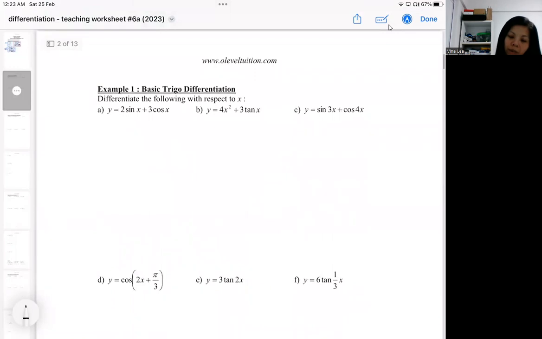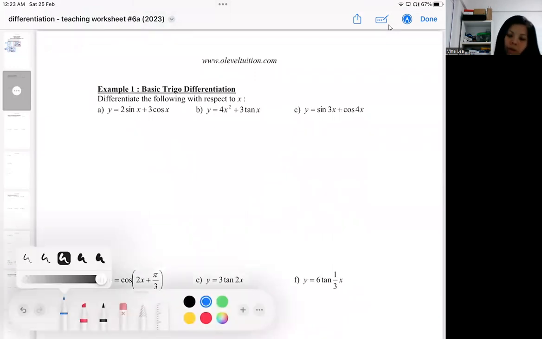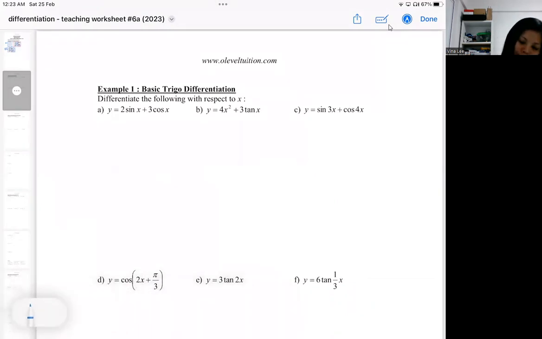I'm going to show you the basic one first. Parts A and B deal with when the angle is x. If you look at 1a, the angle is x. So differentiate sine, it becomes cosine x. Differentiate cosine, it becomes minus sine x.